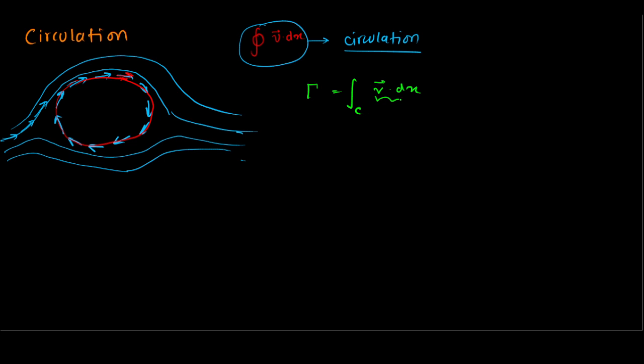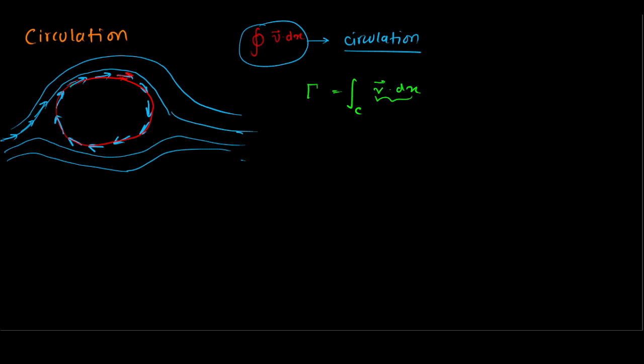This is the tangential velocity, and we are integrating it through the whole curve. That gives us the circulation. Another point is that circulation is an Eulerian idea and an instantaneous snapshot. Suppose you have a fluid flowing and you take a snapshot with a camera; that will give you this kind of pattern. That is what circulation is all about.